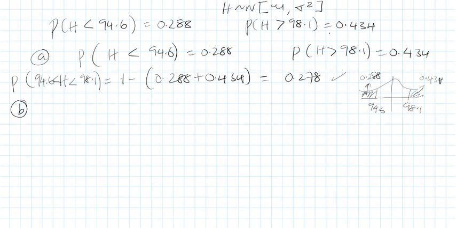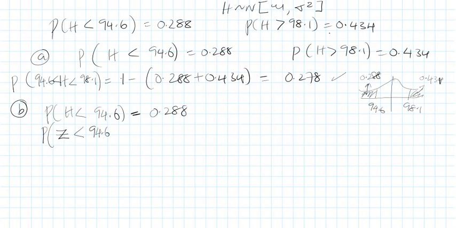Let me show you how we would work out the second part. The first part is just this. For the second part, we need to take each statement and apply something called standardization. When we standardize, the variable becomes Z. You subtract the mean and divide by the standard deviation.